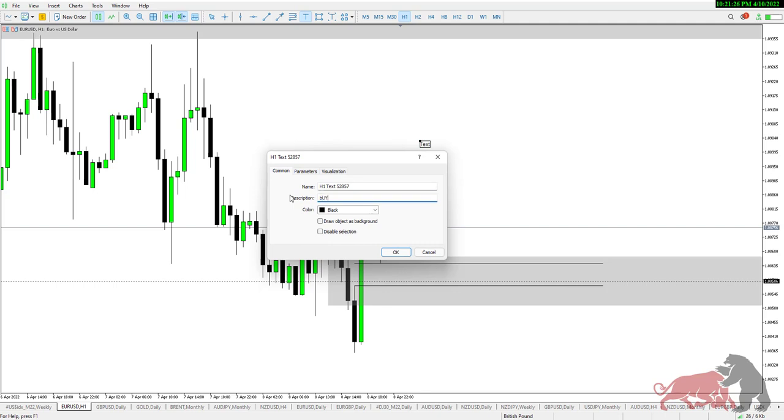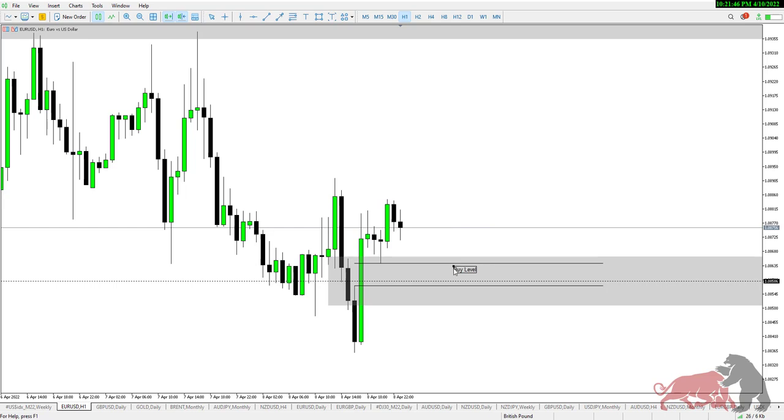The reason why I'm focusing on Euro USD, guys, is it's the one that has shown me a clear directional bias from analyzing other correlated pairs, which is Pound USD and dollar index SMT divergence. So we've got our buy level here. This is where we should anticipate it to go to the upside.